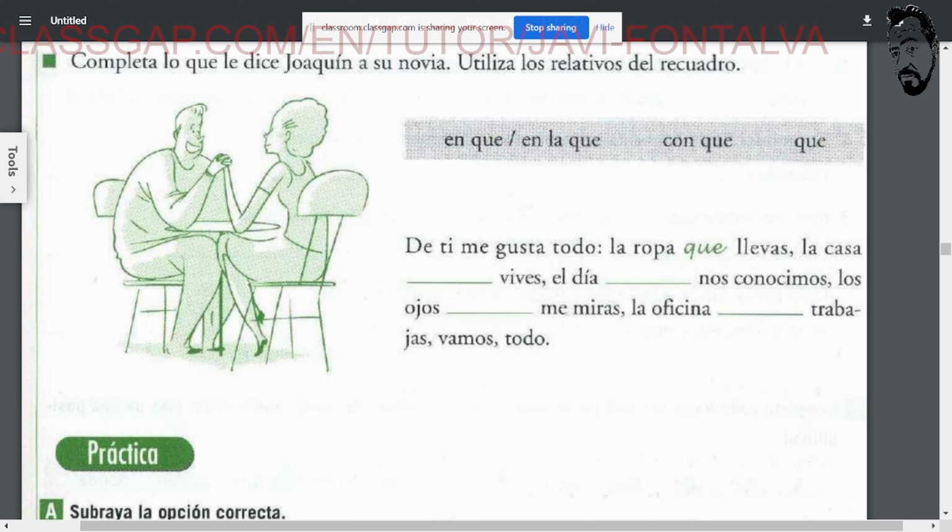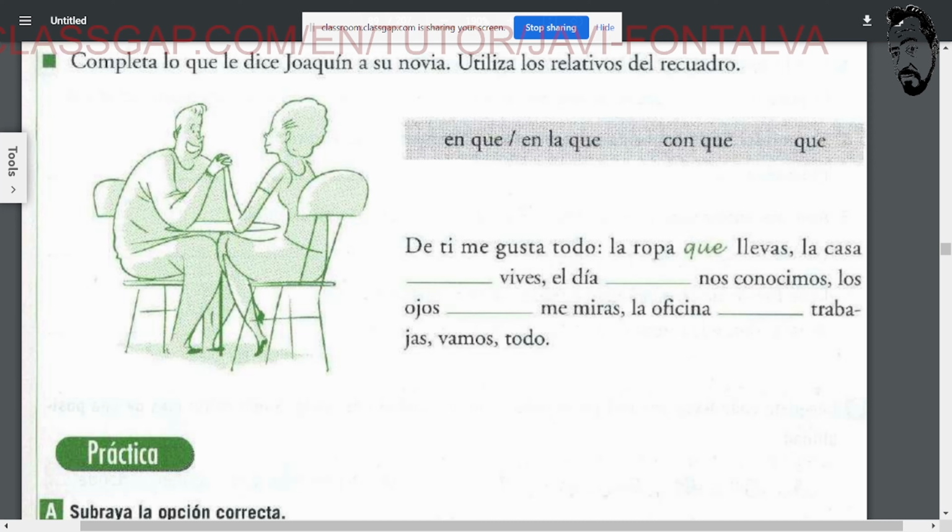It depends on the context. Vamos could be go, vamos, you can do it. But in this context, it particularly means in other words, and you can see it's between commas.